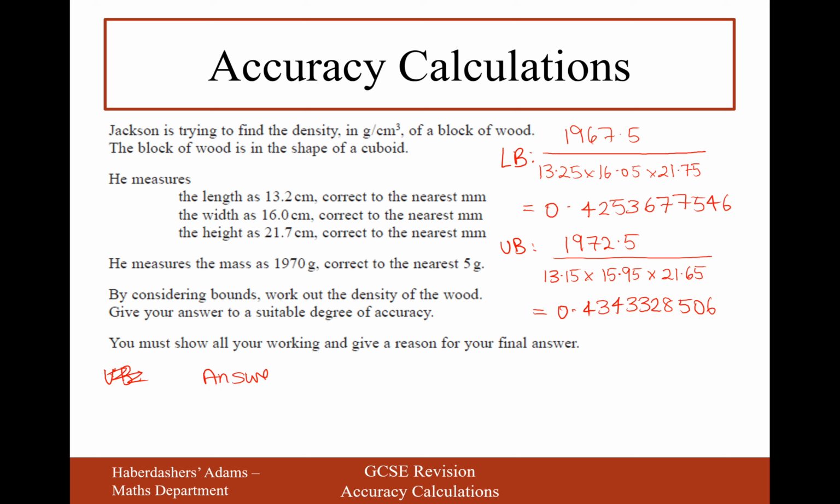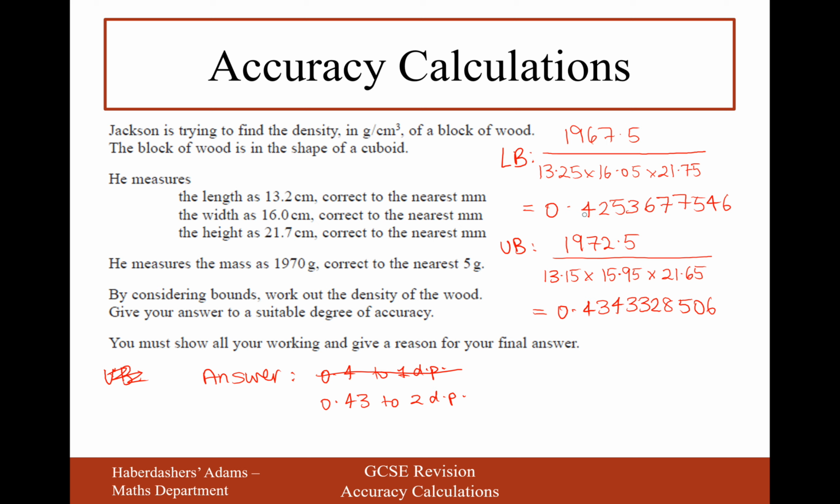Okay, so now let's go for the answer. We're looking to find a number that will round both of these to as high a decimal place or significant figure as possible. Now 0.4 to one decimal place would be absolutely fine. What about, let's try and do this a little bit better. What about 0.43? Yes, 0.43 to two decimal places would be absolutely fine as well. So that beats 0.4 to one decimal place. So what about to three decimal places?